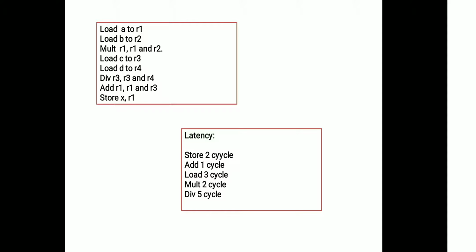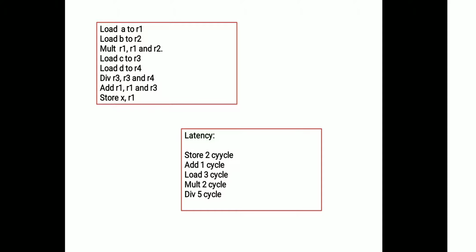To execute the store instruction, the latency is 2 cycles. A simple add operation requires a latency of 1. A load operation has latency 3. A multiply operation has latency 2. And a division operation has latency 5. Consider these the latencies required for execution of each instruction.